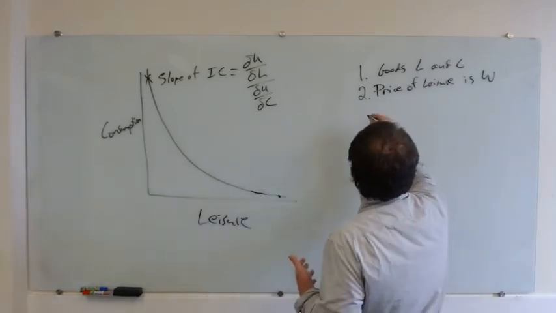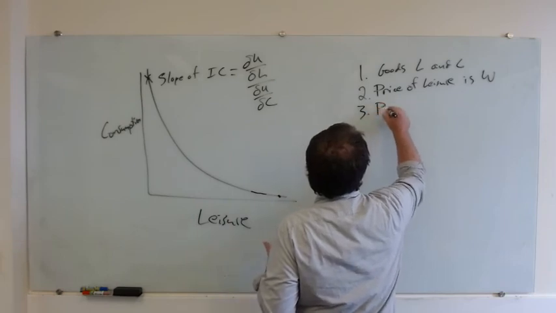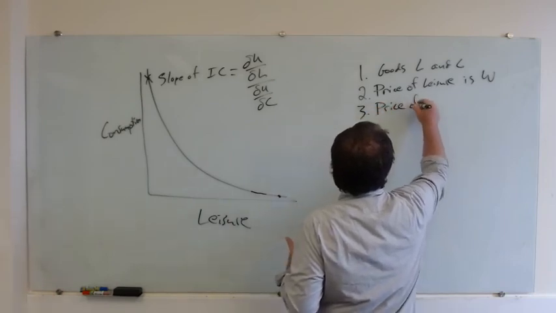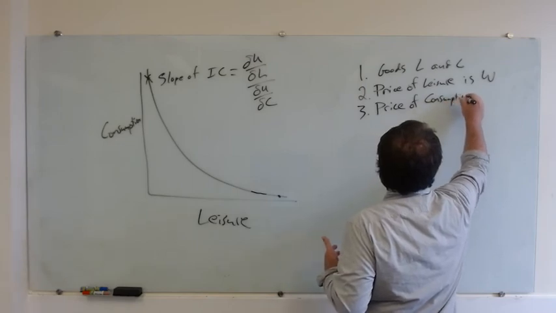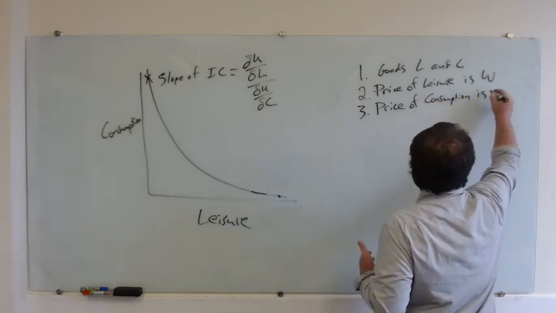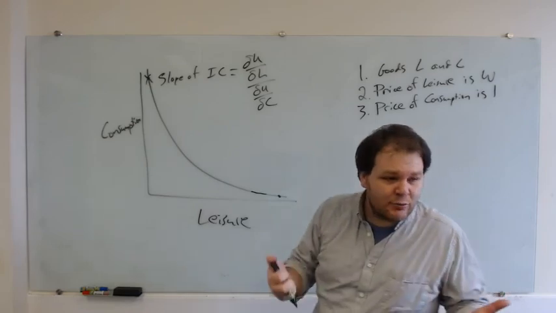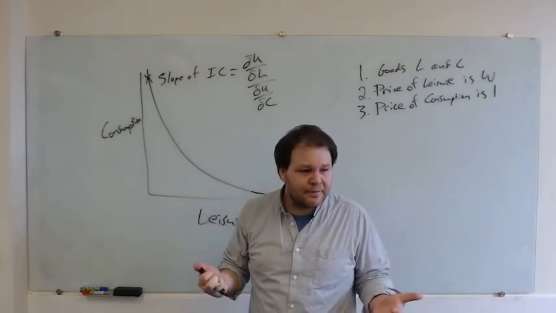And the price of consumption is just 1, because we're going to define consumption as $1 worth of stuff.